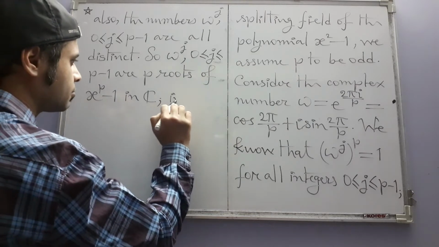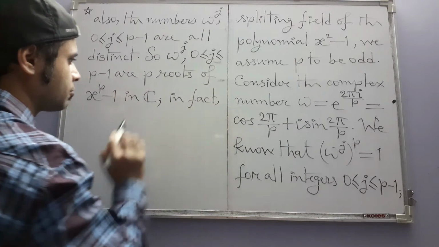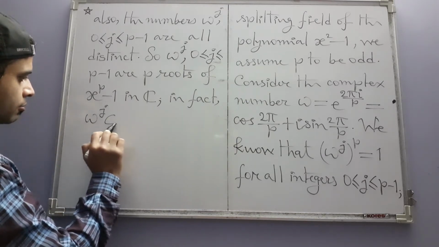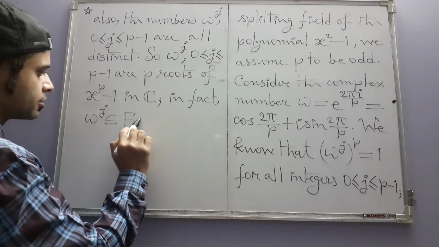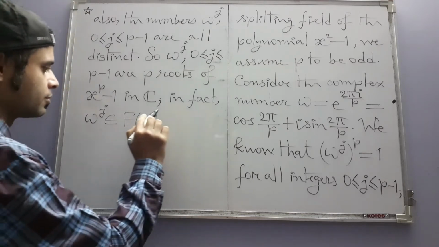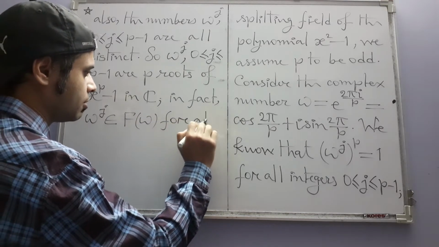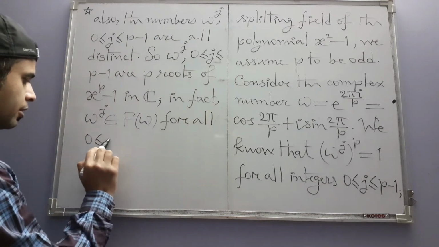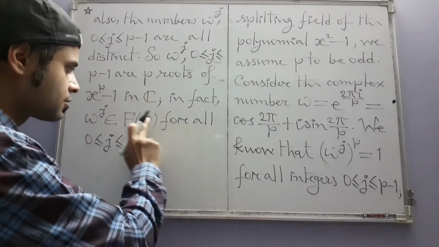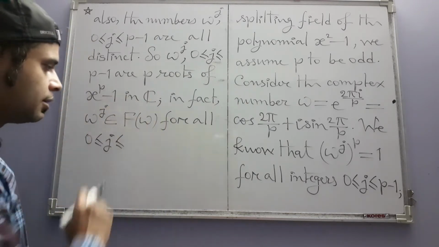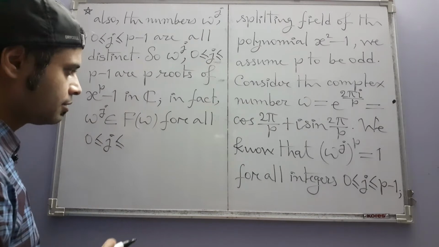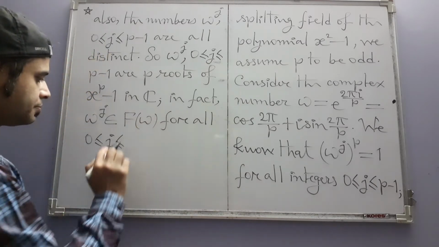In fact, all these roots actually belong to this extension of f. Keep in mind, f is the field of rational numbers, for all such j. Why? Because by definition omega belongs to this extension of f, and these are just integral powers of omega, and because this is a field in itself, all the powers belong to this.